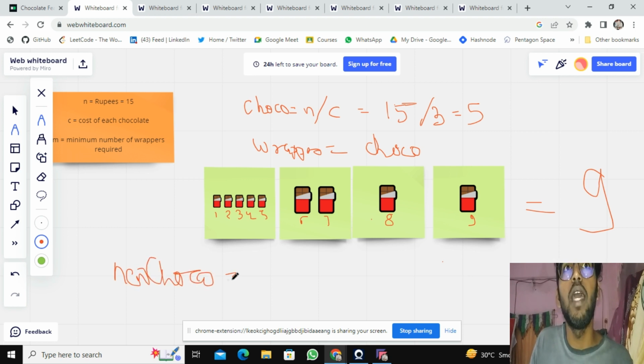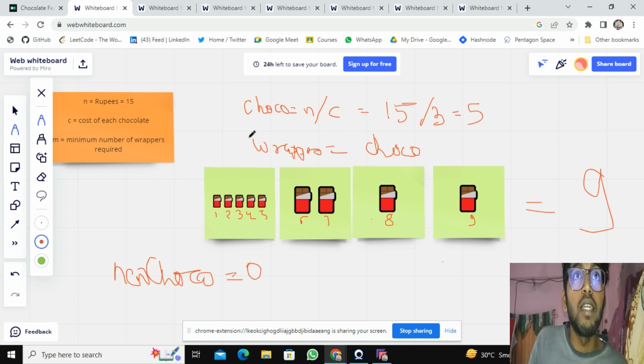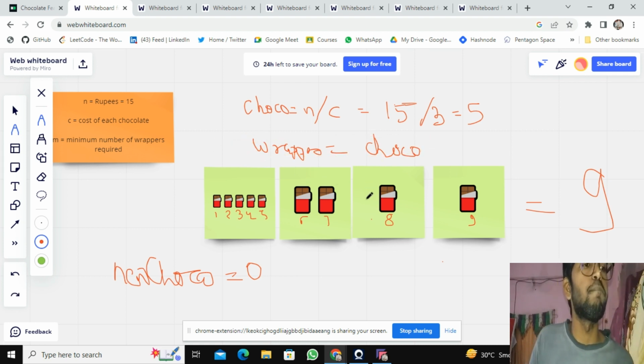Initially I don't have even a single new chocolate, so initially I have 0 new chocolates. This value will get incremented when we return the wrappers back to the penny auntie.